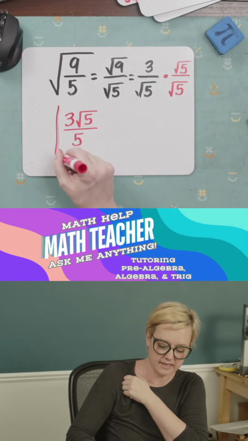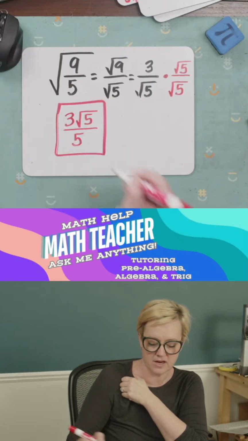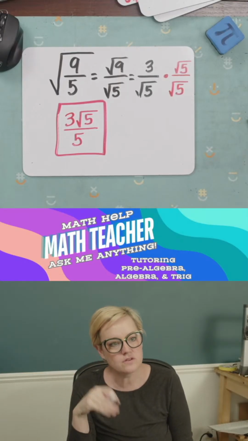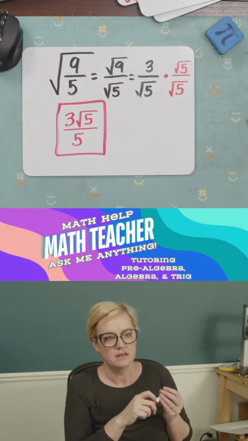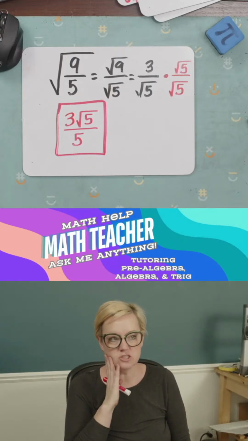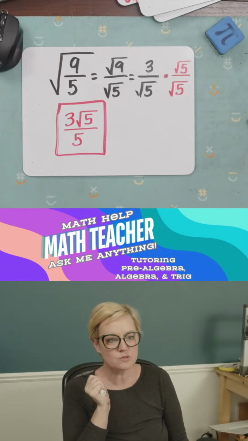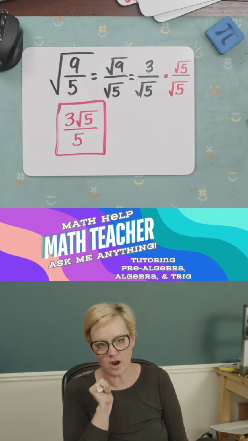And this is the answer that would show up in your answer key. This is the answer that's going to show up in your textbook. Those are the answers that are going to be there. So you're just changing it into a rational number. So that's where we are.